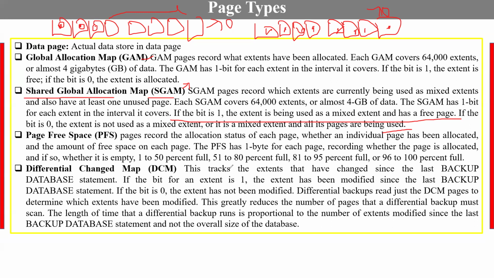If the bit is 1, the extent contains some free space. If the bit is 0, that extent is completely filled with the data. Make sense, everyone? Yes, sir. That's it, sir.